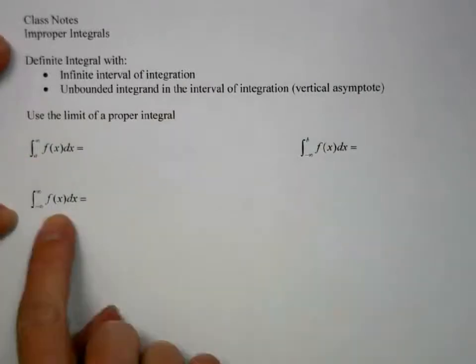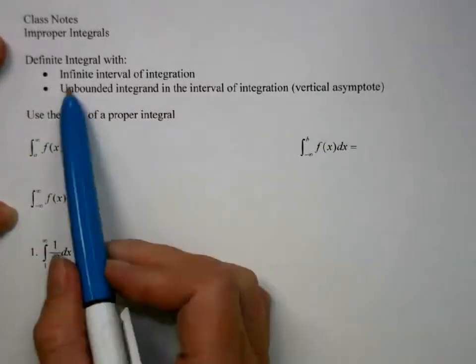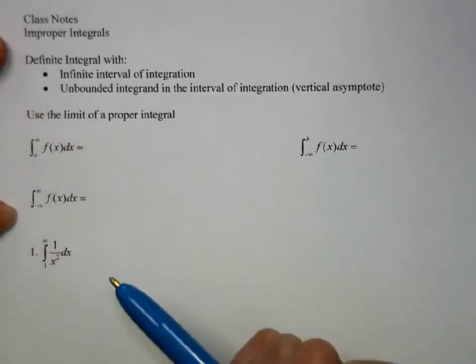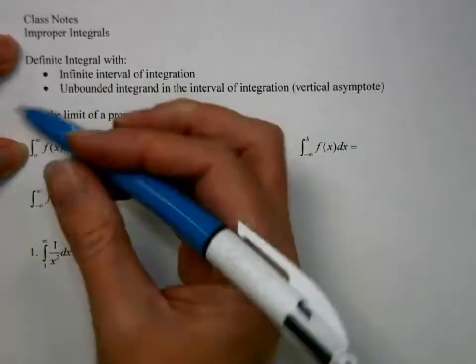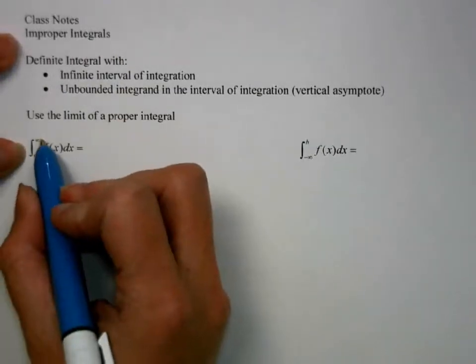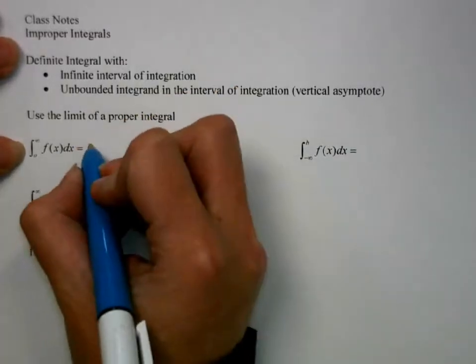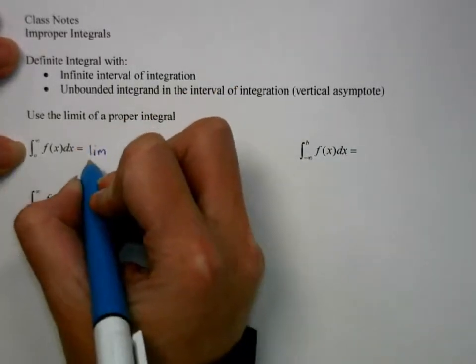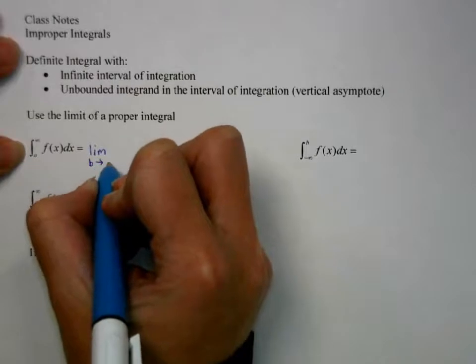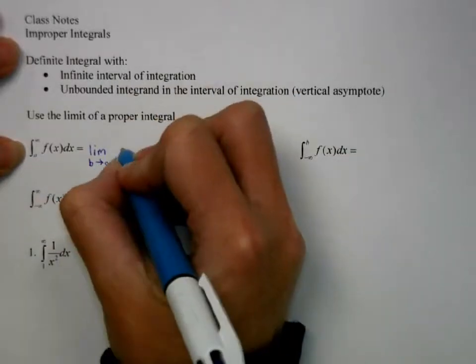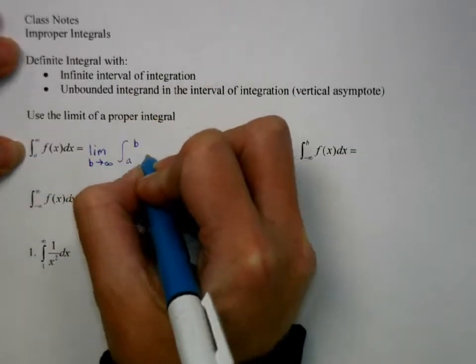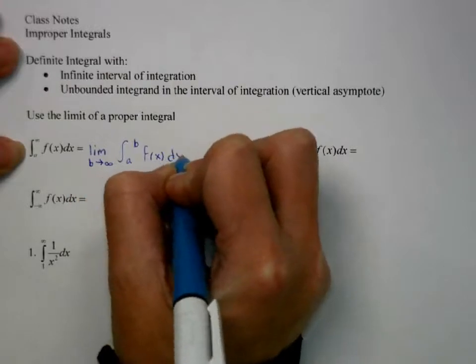These are all examples of the first case, where we have an infinite interval of integration. The first one, the integral from a to infinity, we're going to rewrite as the limit as b goes to infinity of the integral from a to b of f of x.